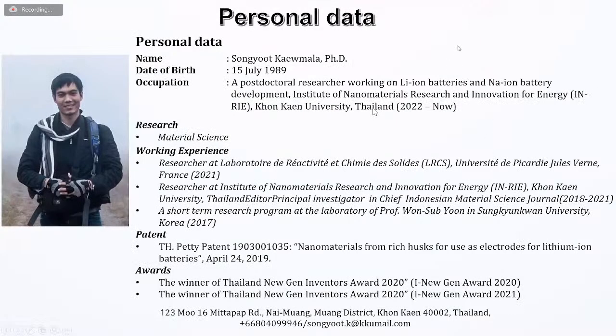So our second keynote speaker is Dr. Sungyot Kaimala, PhD. He was born on 15 July 1989. His occupation now is a postdoctoral researcher working on lithium-ion battery and sodium-ion battery development at the Institute of Nanomaterial Research and Innovation for Energy, INRI, Khon Kaen University, Thailand, from 2022 until now.